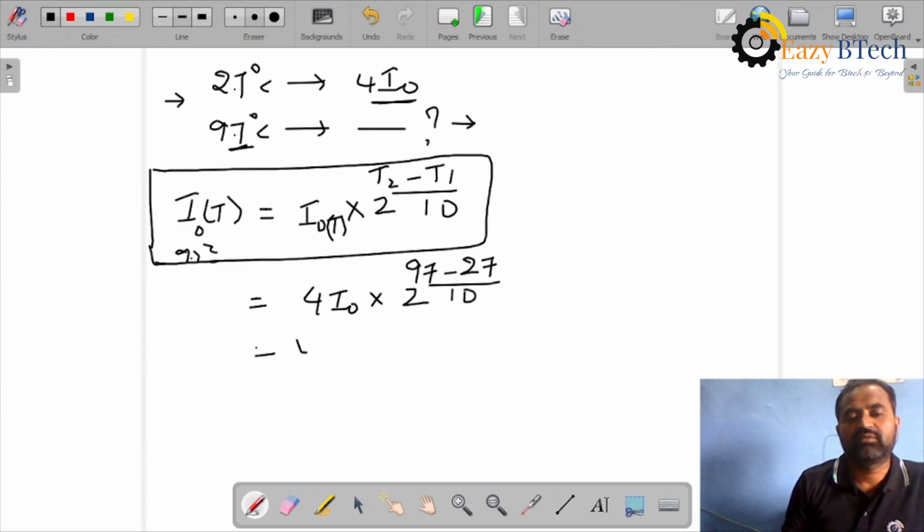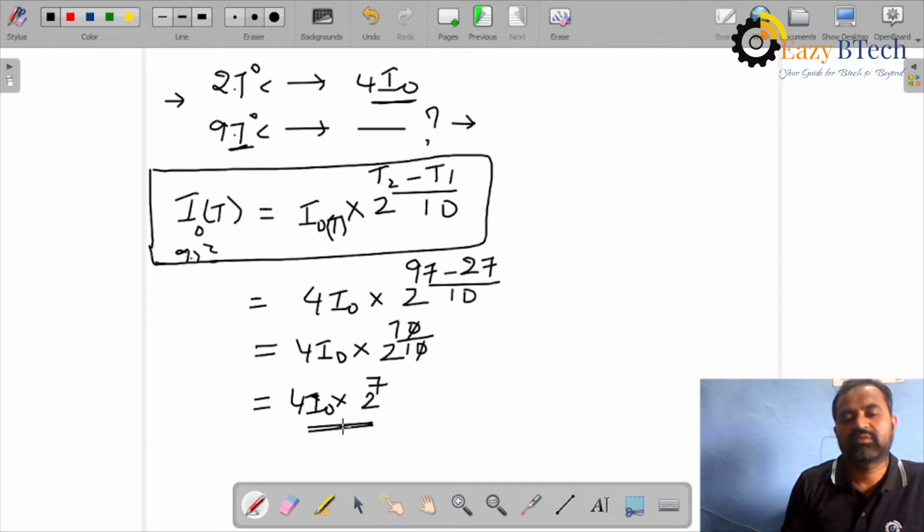That is 4 I naught into 2 power 7. 2 power 5 is 32, 2 power 6 is 64, 2 power 7 is 128. 128 into 4, you will get the resultant.